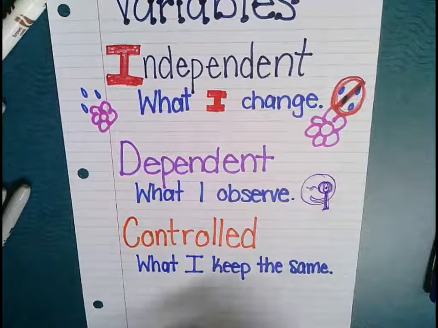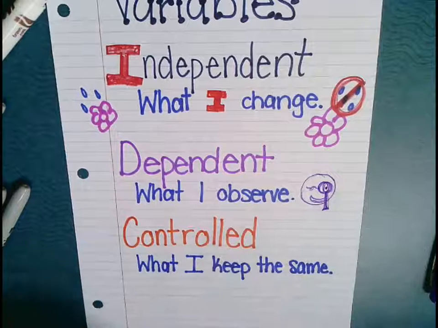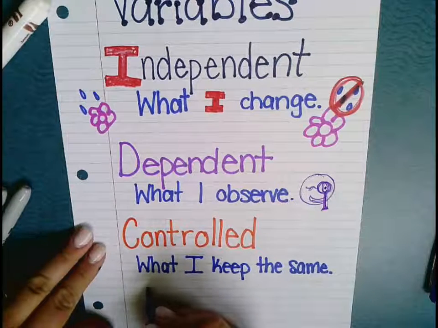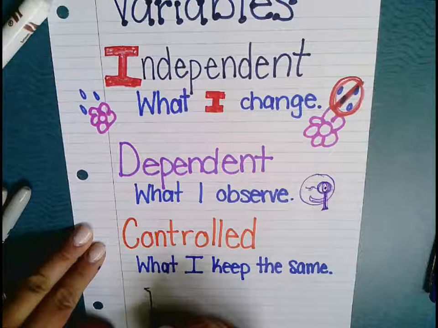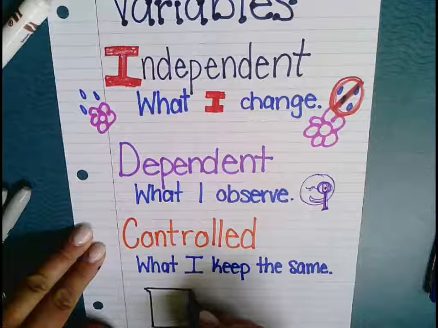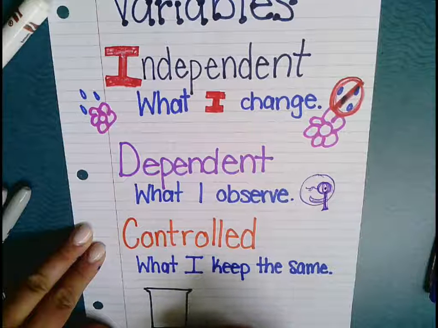So in order for us to remember that controlled means what I kept the same, what we're going to do is we're going to draw 3 beakers. And a beaker is a container that holds liquids when we're doing science experiments.